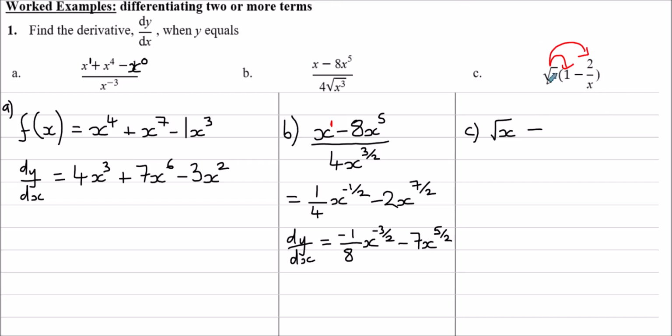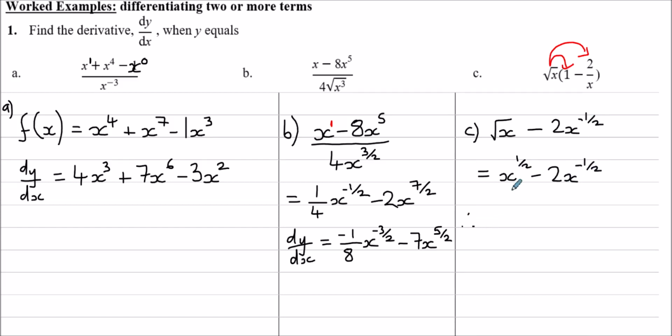So that's x to the power half. So we're going to multiply that by 2. So x to the half divided by x to the power 1, that's going to give us x to the power of minus a half. So we're going to have x to the half subtract 2 lots of x to the power of minus a half.